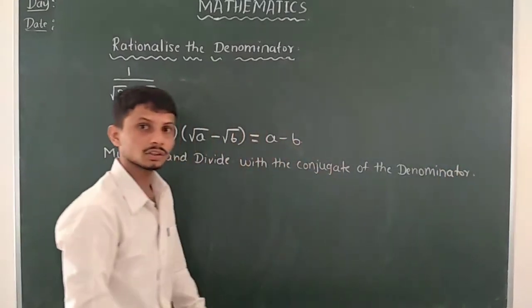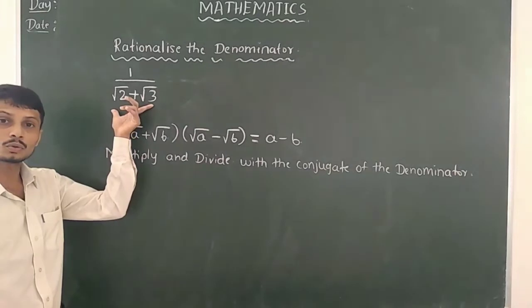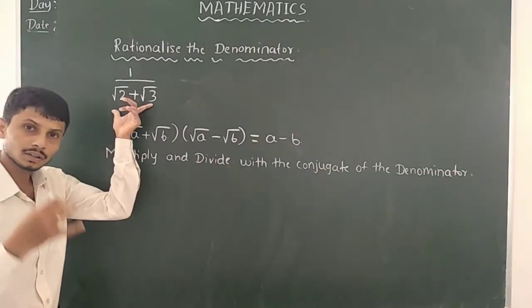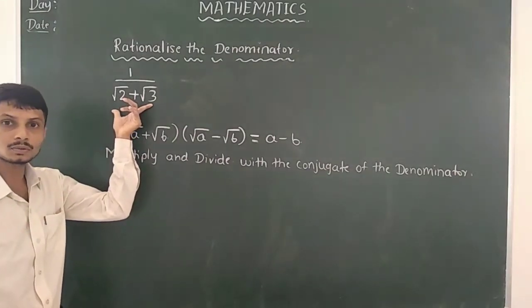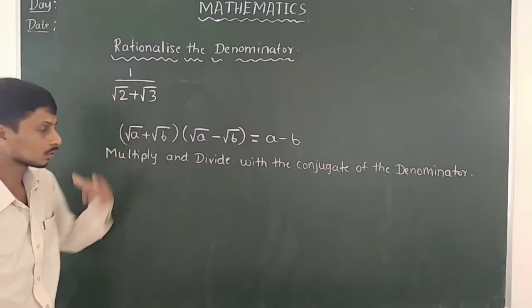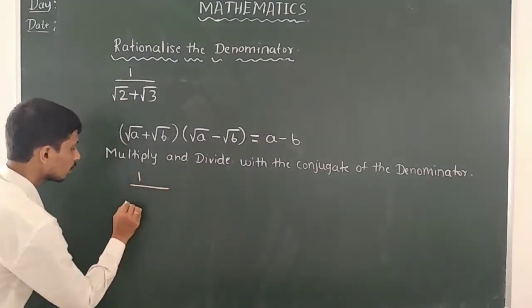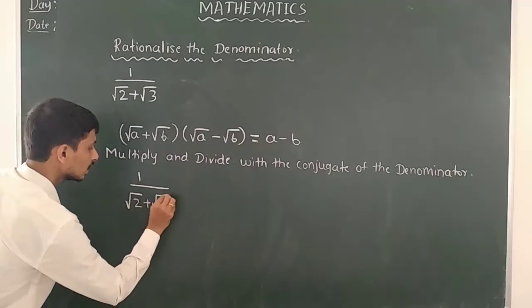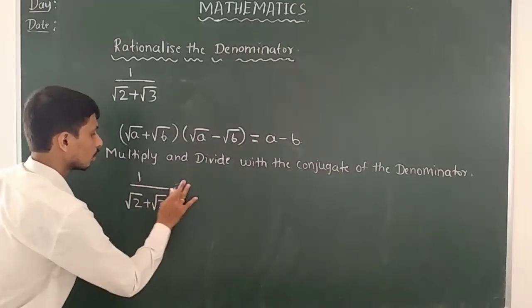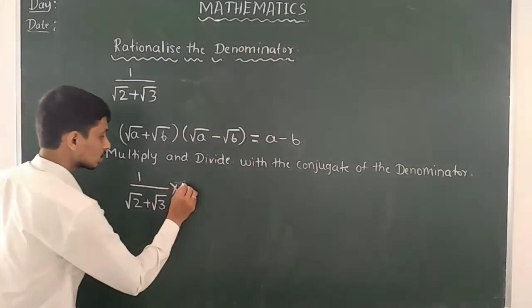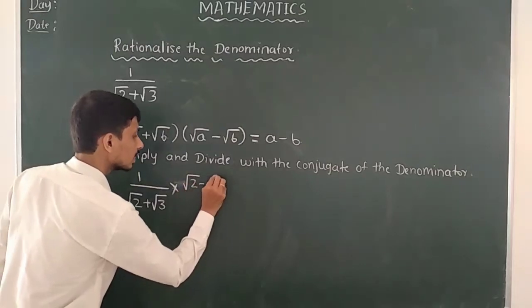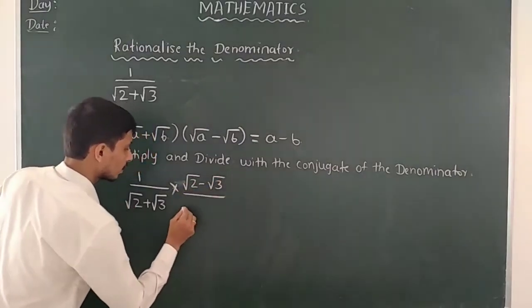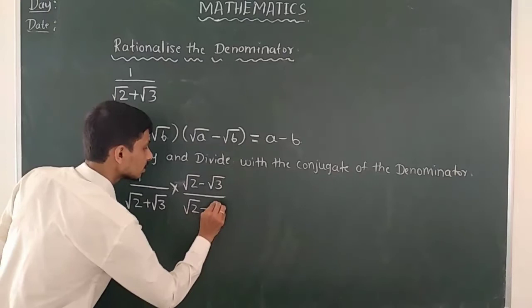The conjugate of the denominator root 2 plus root 3 is root 2 minus root 3. So 1 by root 2 plus root 3 is equal to, we multiply this by root 2 minus root 3 divided by root 2 minus root 3.